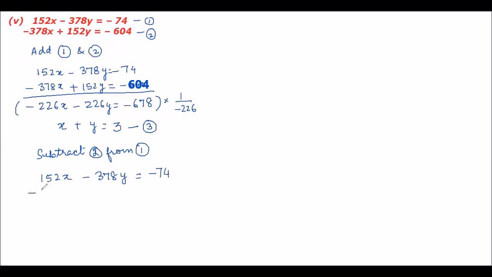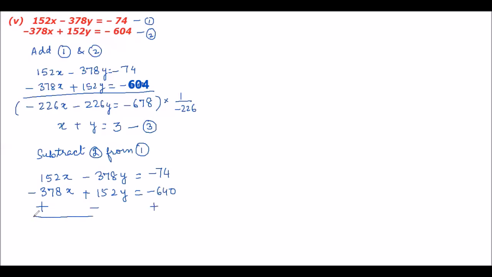And then this is minus 378x plus 152y is equal to minus 640. This time we are subtracting, so we have to change the sign. This negative will become positive. This positive will become negative. This negative will become positive.